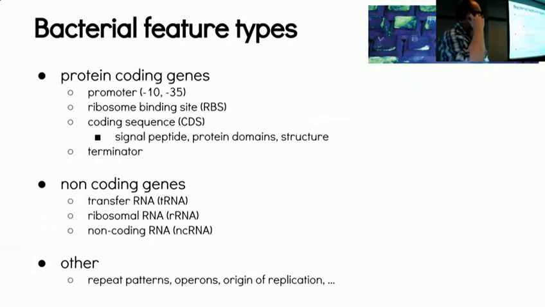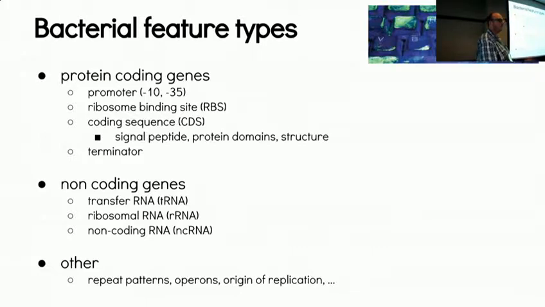I guess you can broadly split the feature types you'll encounter in bacterial annotations into protein coding genes, which the bulk of the genome is made up of, and then non-coding genes. Non-coding genes include things that are transcribed but not translated. I don't really have a feel for how much molecular biology people understand. It might be quite variable in the audience.